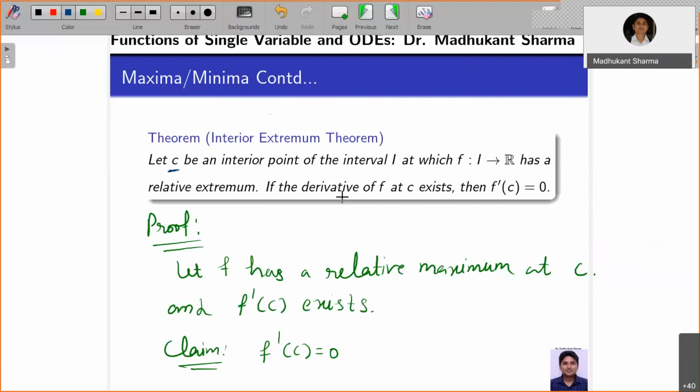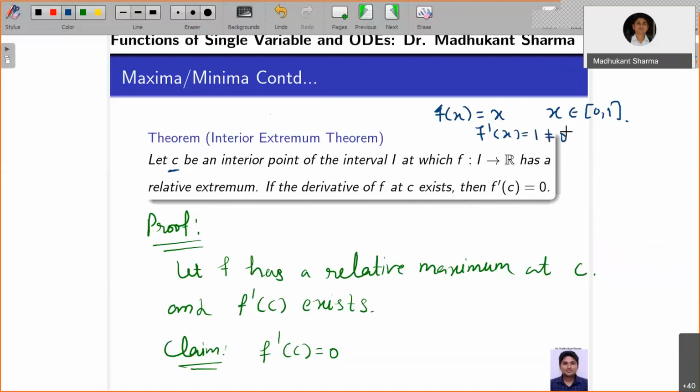For example, let's say f of x equals x over the interval x belongs to 0 to 1. If you look at the derivative value, f dash at x is going to be 1, which is not 0.